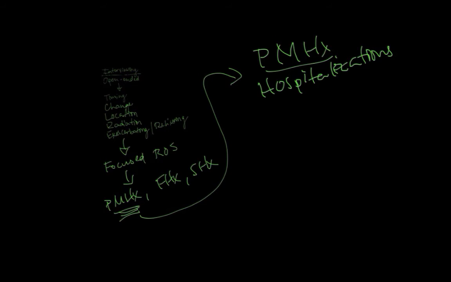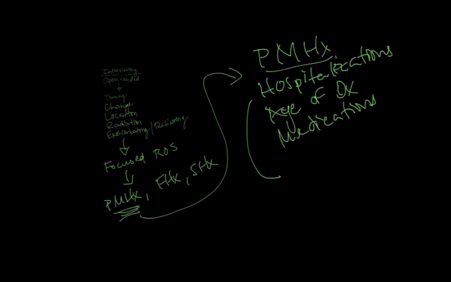For an asthmatic, you want to know if they've ever landed themselves in the ICU or the hospital before. You want to know when it was diagnosed, so age of diagnosis. And remember, this is all going to depend on the reason your patient is hospitalized. I'm just giving you an idea of how to think about it. Medications that they're taking. Have they ever been intubated? That's something I wouldn't expect you to know right off the bat, but if you're dealing with a lot of asthmatics, you want to know that. And any other diseases.